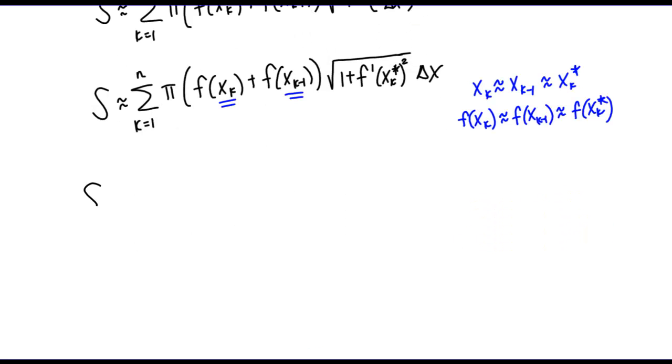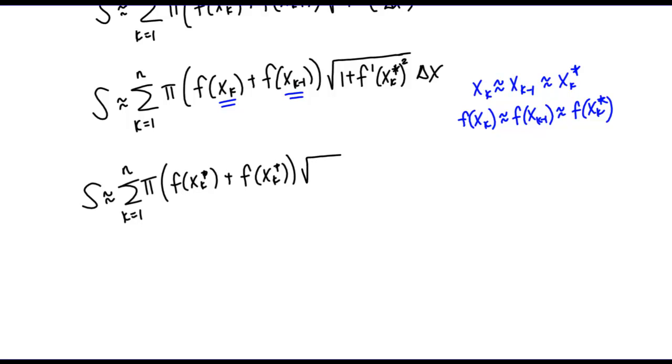So now I'm going to rewrite my summation using this little piece of information. Inside my sum I'm going to have pi times f of x k star plus f of x k star, that quantity times the square root of 1 plus f prime of x k star squared times delta x.